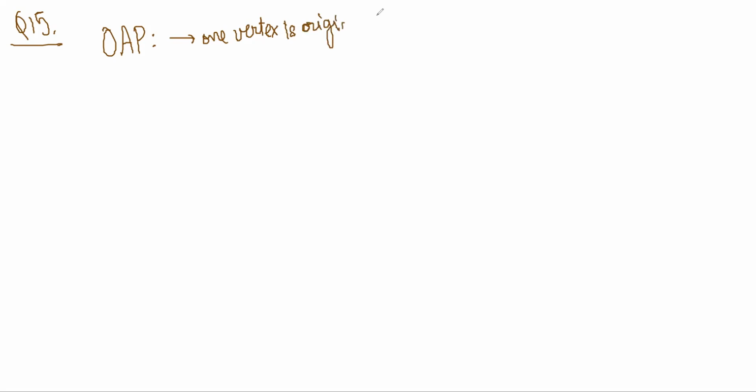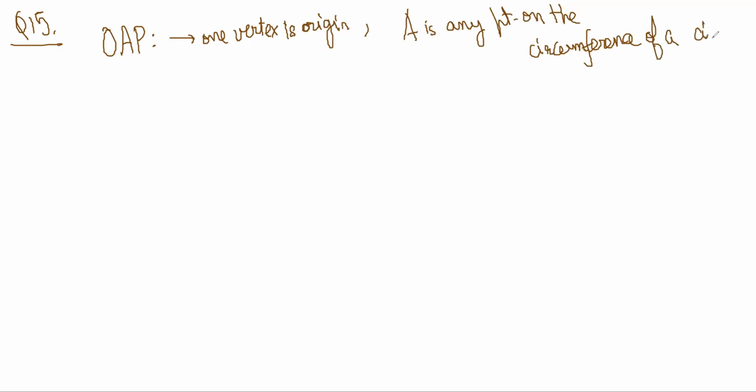It cannot be the center of the circle, it is just origin. And A is any point on the circumference of a circle, you have to find the locus of P.